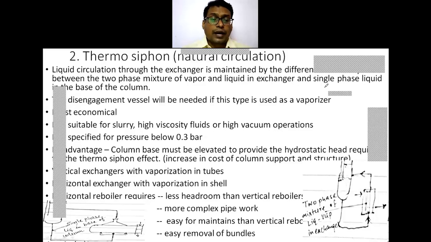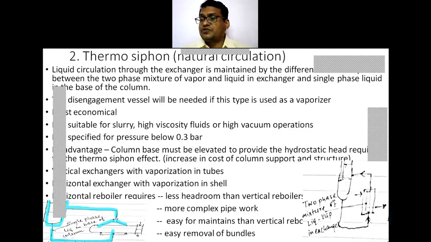Then the second is the disengagement vessel will be needed if this type of vaporizer is used. Now look at this figure, the bottom of a distillation column is shown here, and the fluid that moves into the heat exchanger increases in temperature, a certain vapor disengagement section can be provided, and the vapor goes back into the distillation column.